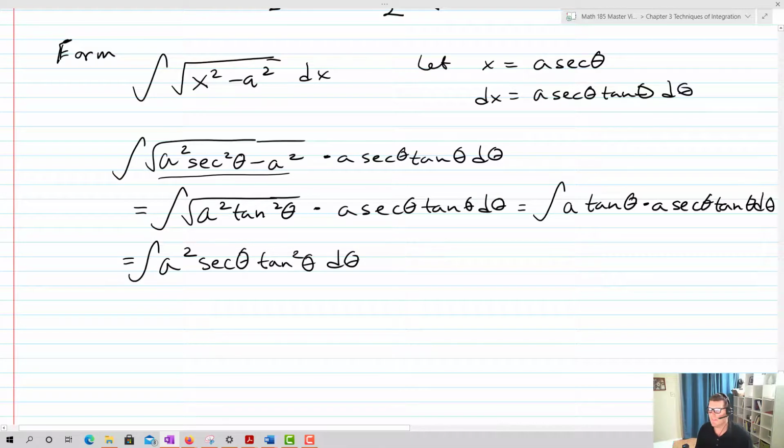Or we might have a different form. Whatever it is, this just gives you an example of how to do the substitution.